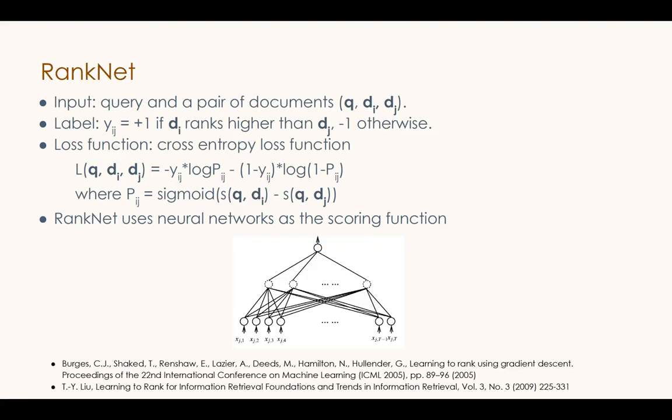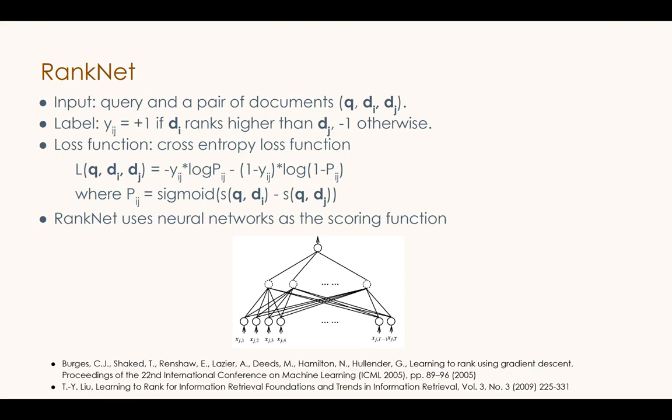So let's look at a few concrete examples. RankNet: the input is a query and a document pair. The label is +1 if D_i ranks higher than D_j, and -1 otherwise. The loss function is a cross-entropy loss. We can think of the pair as forming a class, a minus one class and a plus one class, and you can predict the probability and use the label to form the loss function.